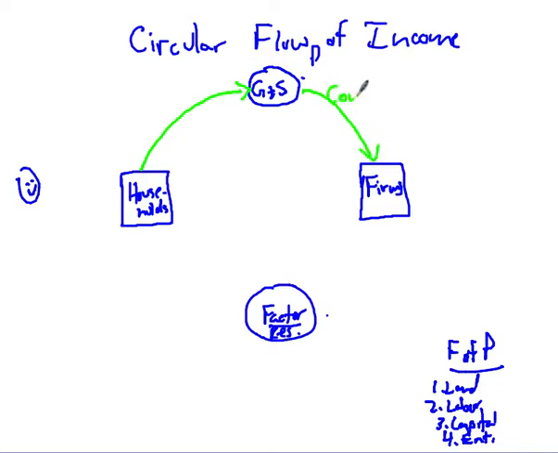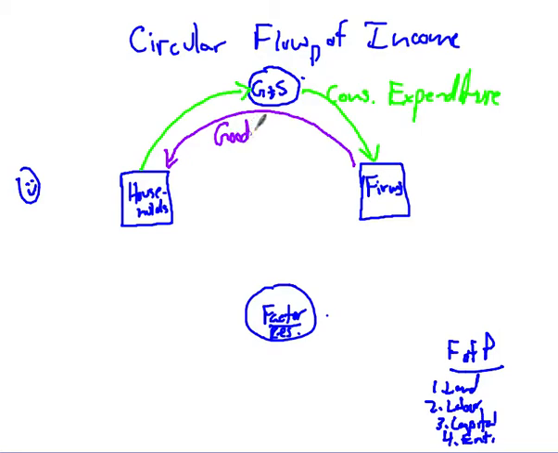This is called consumer expenditure. It's a fancy way of just saying the money that you use to buy the stuff that you get. Now, in return, what do the firms give you? They give you goods and services. And so we'll have this one coming back.